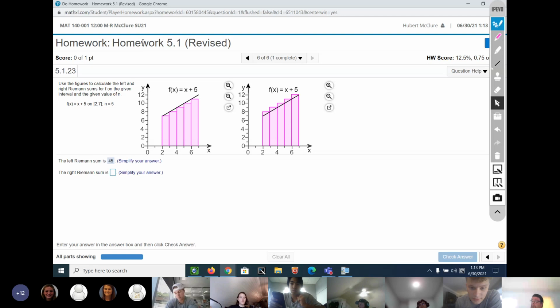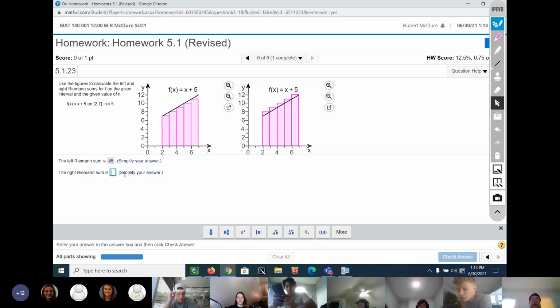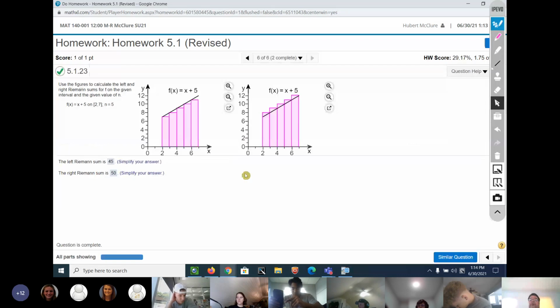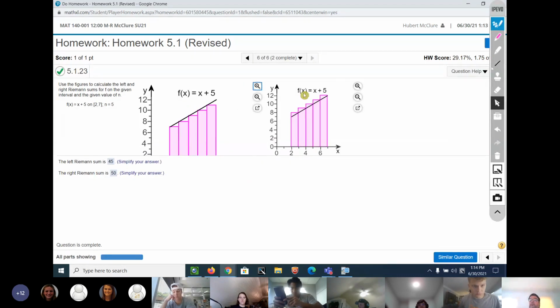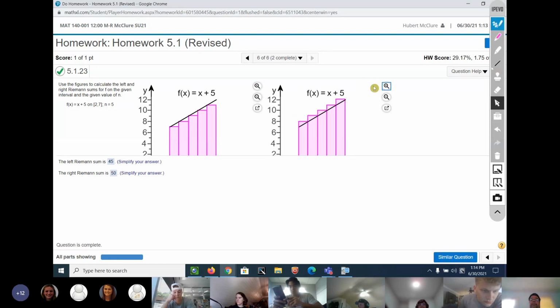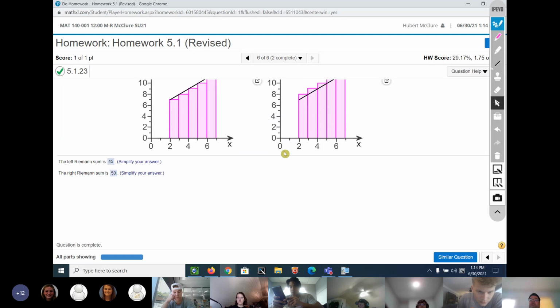I got 50. I got 50 also. So on the right, that would be 50. Now I want you to write that one down. I'll blow it up again. That's a good indicator of the left and the right Riemann. Left and right. I wish I could move it there.